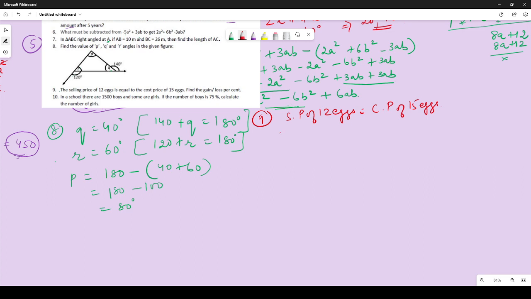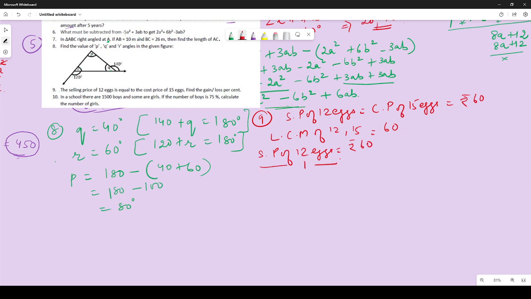Now you see 12 and 15. So what is the LCM of 12 and 15? LCM of 12 and 15 is 60. So let us say now that let both of them be equal to rupees 60. Now SP of 12x is equal to rupees 60.